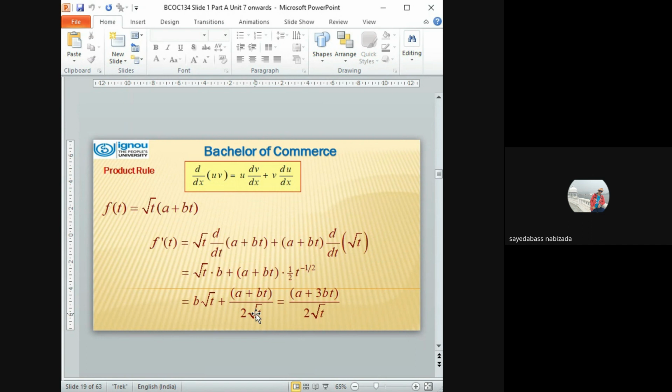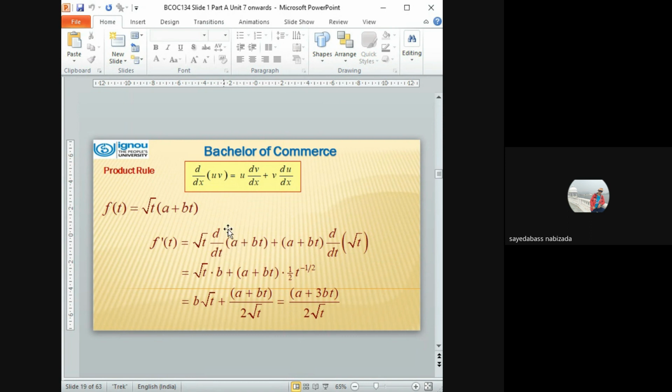The derivatives will become like this: the root of t, the derivative of a plus bt, plus a plus bt into the derivative of root of t. Again, we apply the same method we have learned in the previous slide.